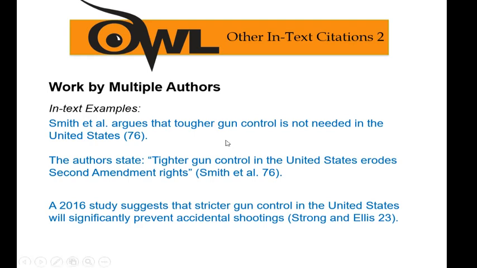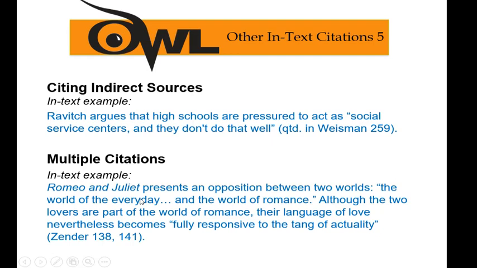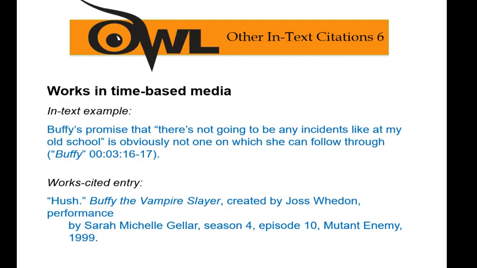You see, if you have a work by multiple authors, then you have to do it this way. And here in this presentation, you have different cases. Even if you are citing the Bible, there's a specific way to cite the Bible. Here we have some other examples, multiple citations, citing indirect sources.